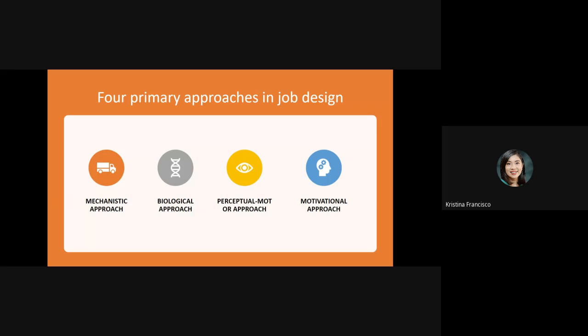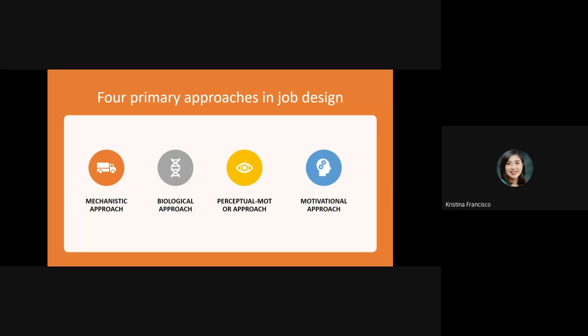When it comes to efficiency and ergonomics, combining the mechanistic approach and the biological approach allows organizations to create jobs that are both highly efficient and physically sustainable. For instance, a worker performing repetitive tasks on an assembly line can benefit from an ergonomically designed workstation to reduce physical strain.